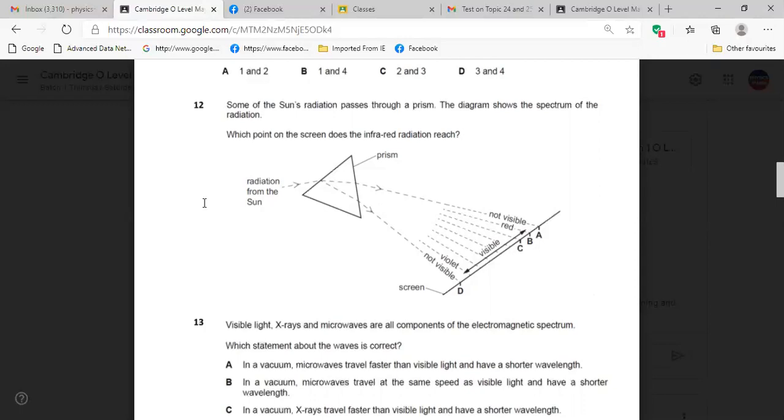So it should be A, because from violet to red, the wavelength is increasing. So your answer should be A. Then if we ask you where ultraviolet radiation reaches, what should be your answer?